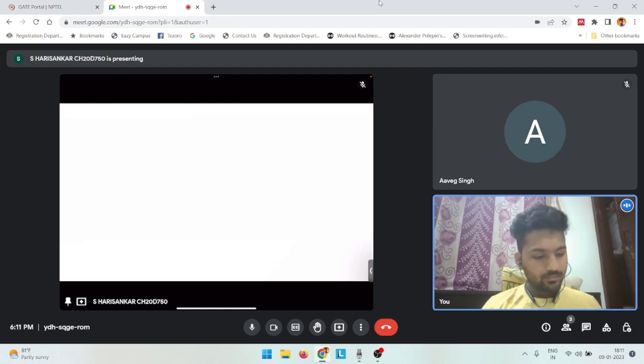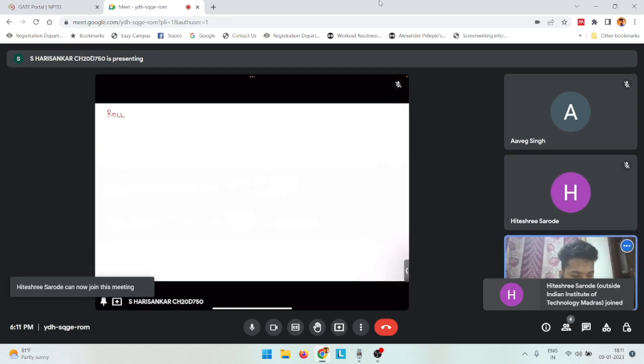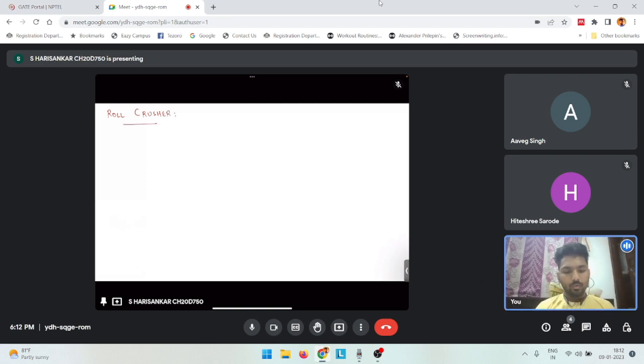We'll start with the roll crusher. As the name suggests, it's a type of crushing equipment, which means the basic principle of a roll crusher is compression. I'll briefly draw a sketch of it.